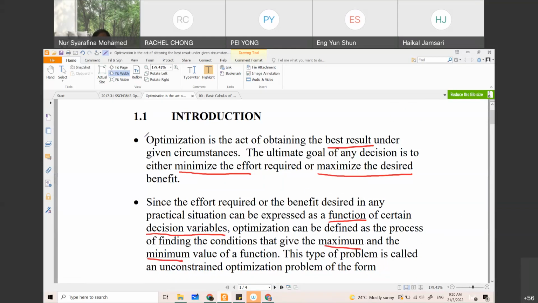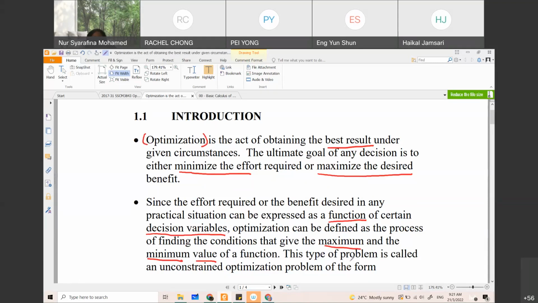So as a layman's term, you know the definition of optimization. And then mathematically, you convert that problem to a function of certain variables. So mathematically, we're going to use functions.